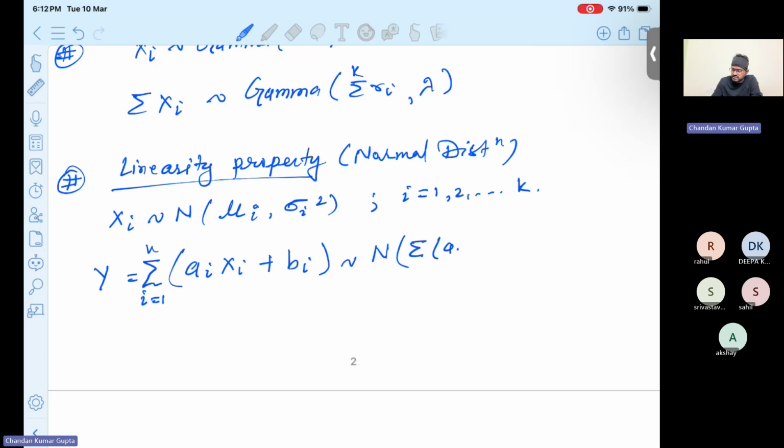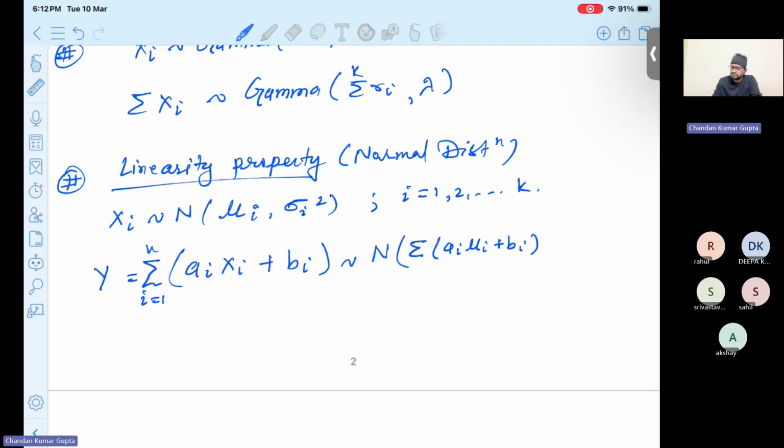Obviously the mean is summation of ai mu i plus bi, because the mean depends on origin as well as scale. So the plus or minus should also be included, and the multiplication or division. Here plus or minus b is a change of location, or change of origin, and ai times mu i is scaling of mu i by ai times.